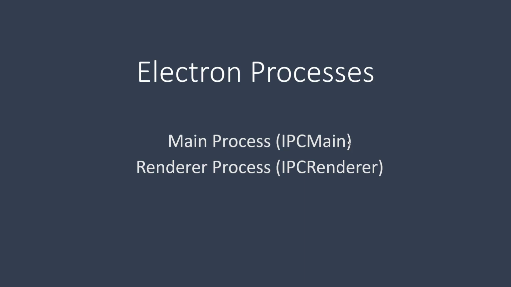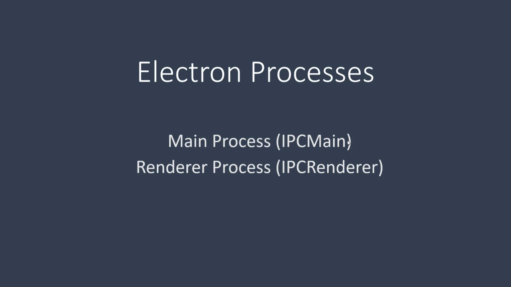That is running on Chromium, but it cannot work with your computer in the backend. For that, you need to go to the main process, which is running on Node runtime, and there it can communicate with the computer. It can run node plugins, it can run node scripts, and do all the things that the renderer process cannot.